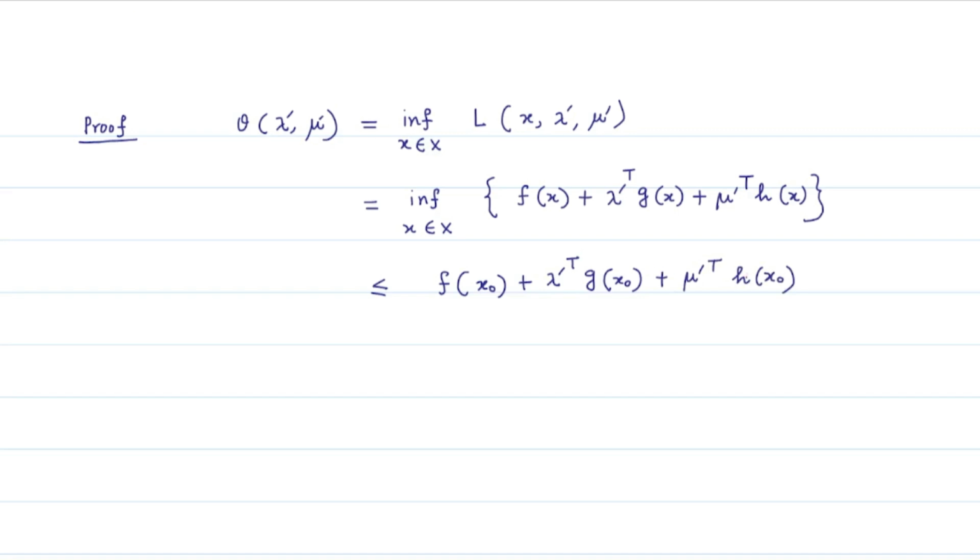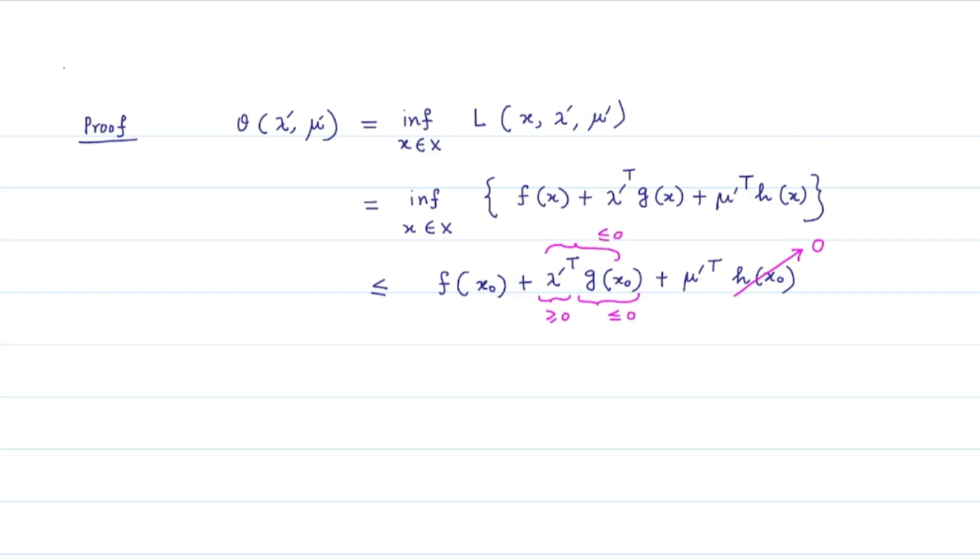But we notice that x naught is a primal feasible point, and therefore h(x naught) has all components 0, and all components of g(x naught) are less than or equal to 0. And as lambda dash, mu dash is a dual feasible point, lambda dash has all components greater than or equal to 0. So these two terms together, once multiplied component wise, give an entire term that is less than or equal to 0.